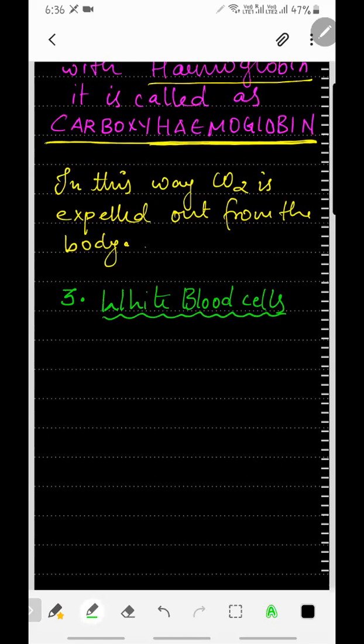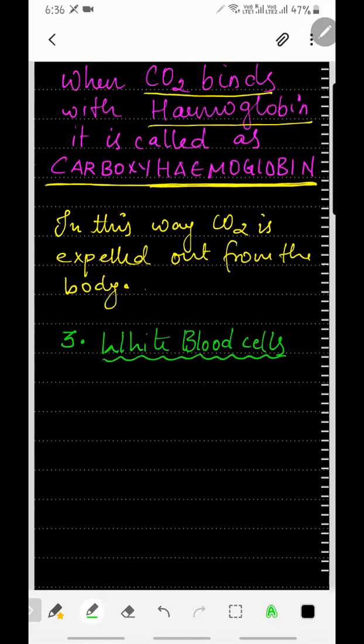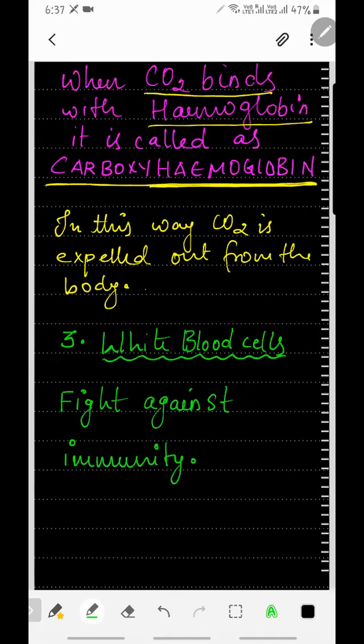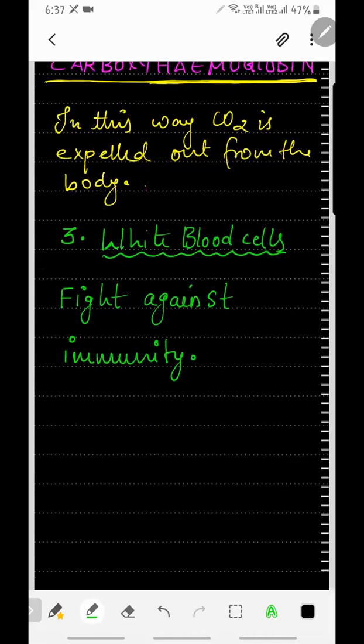As Yashwant asked, why plasma is to be given, that I will answer. Now it is 6:36, at 6:40 I will answer. Okay. We'll write: white blood cell fights against immunity and infection.